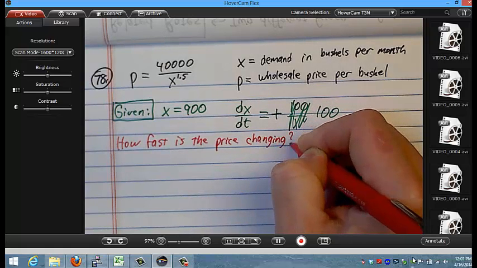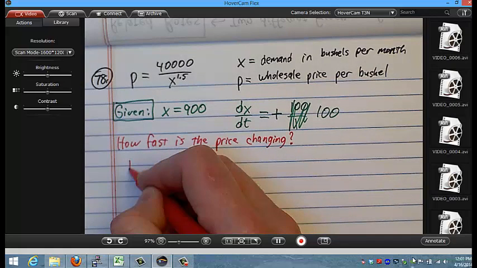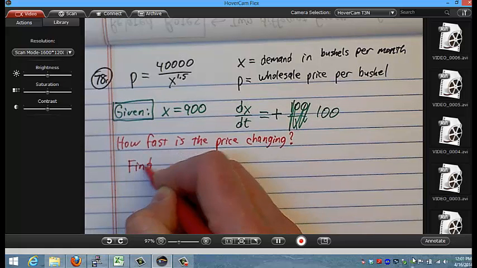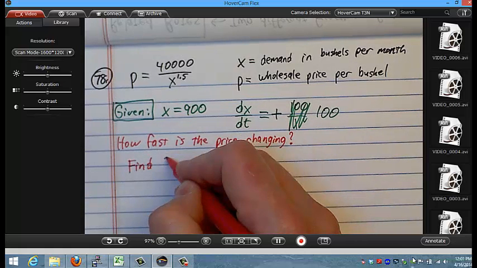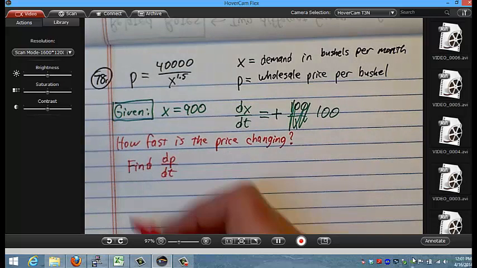They didn't ask you what the price is. What they're really asking you in the world of mathematics is find dp dt.